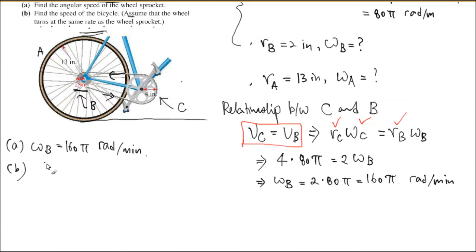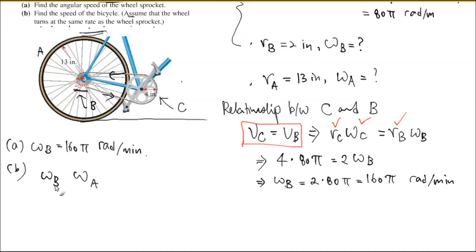What is the same when you look at A and B? Radius is different. Linear speed, I don't know how fast chain is moving versus how fast is moving forward. But something simple. What's that? Omega B, right? But omega C? Omega A, I'm sorry. How are they related? Which one is bigger? Omega A is bigger, right? No. Omega B is bigger.